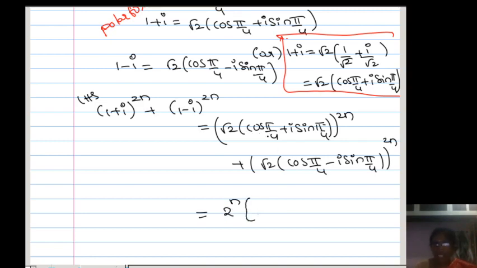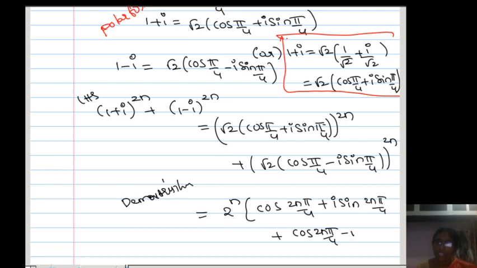What is De Moivre's theorem? Cos theta plus i sin theta whole power n is written as cos n theta plus i sin n theta. But here, instead of n, you have 2n. So by using De Moivre's theorem, this is equivalent to cos of 2n pi by 4 plus i sin of 2n pi by 4, plus cos 2n pi by 4 minus i sin 2n pi by 4.